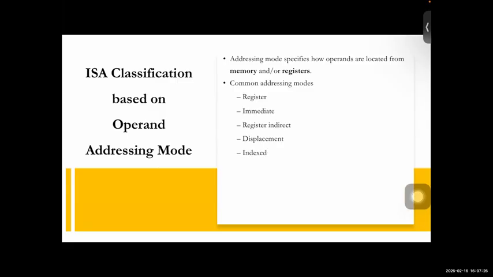The fifth one is indexed addressing mode. Then direct addressing mode and memory indirect addressing mode. Then auto-increment and auto-decrement addressing mode, and scaled addressing mode. So these are the common addressing modes. We'll see them one by one with an example to understand.